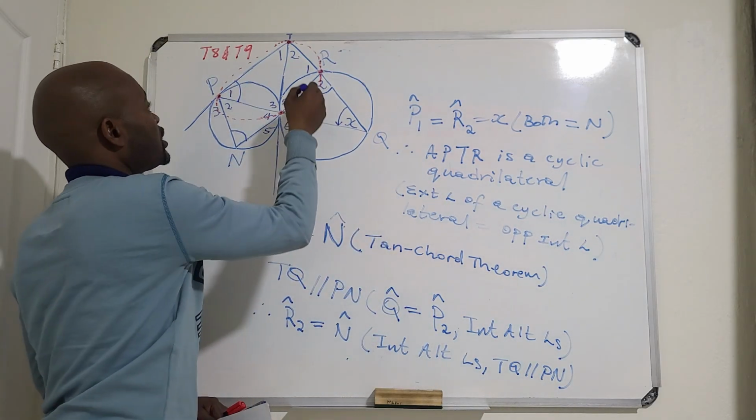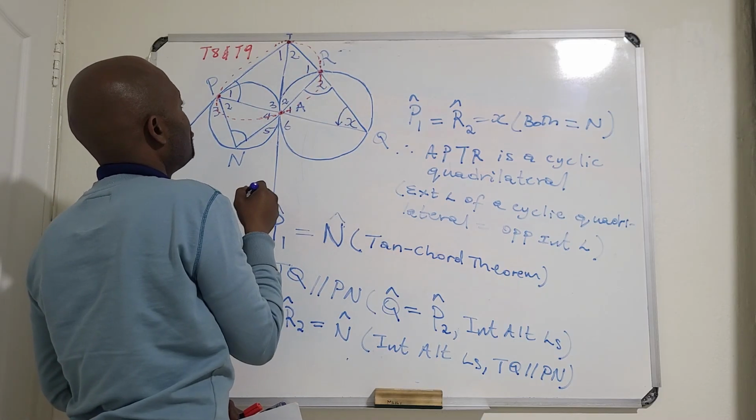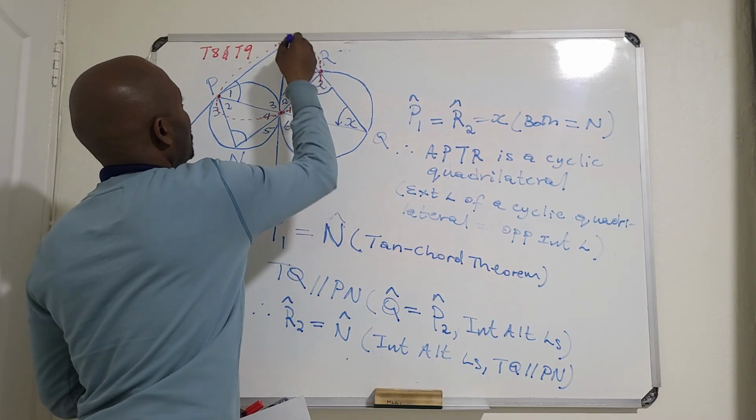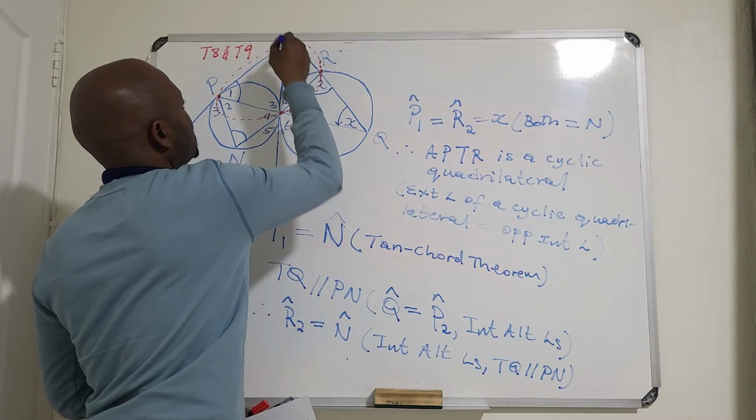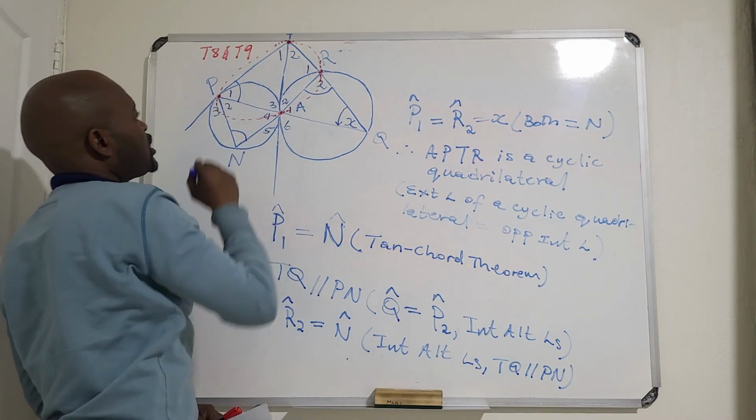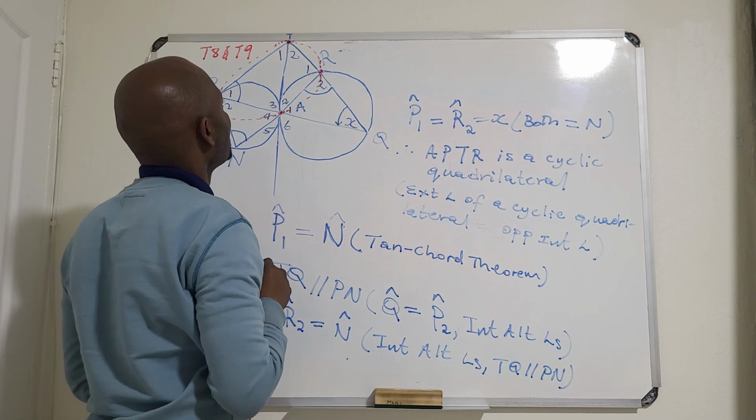Therefore, this angle is equal to that angle, making an exterior angle of this cyclic quad equal to the opposite interior angle.